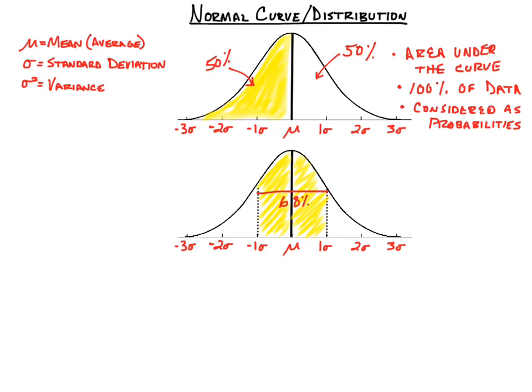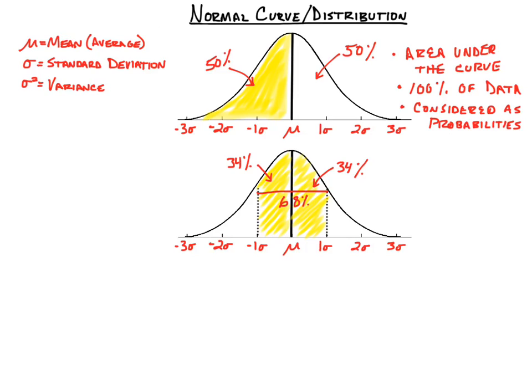Now there's some decimals in there, but we generally use approximates, and we say it's approximately 68% of the data. Which means that 34% of the data falls between the mean and the first standard deviation on the right side of the mean, and 34% of all of the data falls 1 standard deviation to the left of the mean.